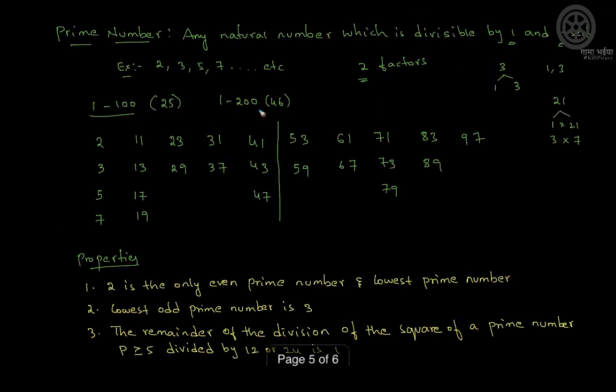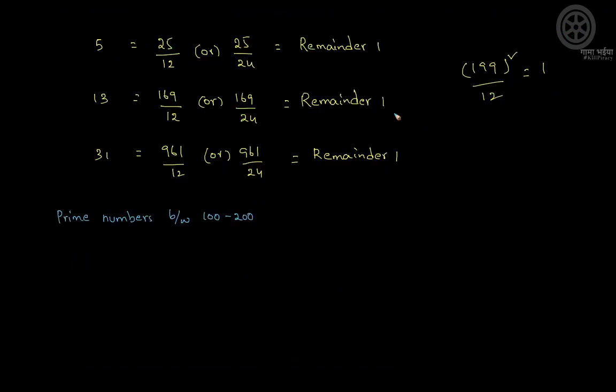So how many prime numbers do you have up to 200? 46. So from 100 to 200, how many prime numbers will you have? 46 minus 25, so you will have a total of 21 prime numbers. So 1 to 100 you will have 25 prime numbers. 100 to 200 you will have 21 prime numbers.